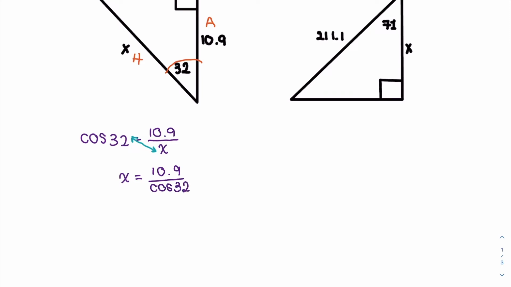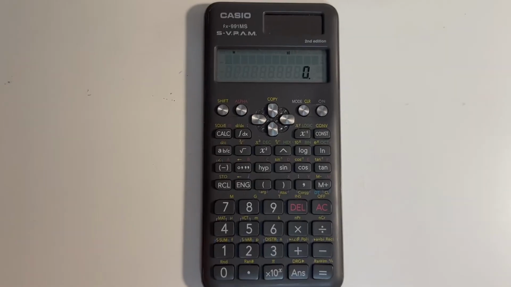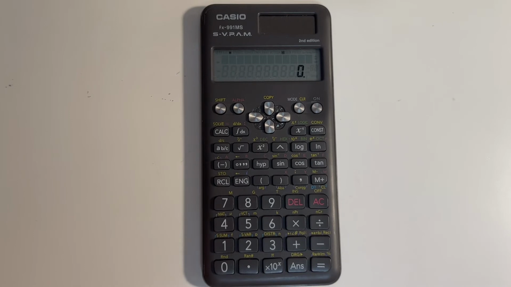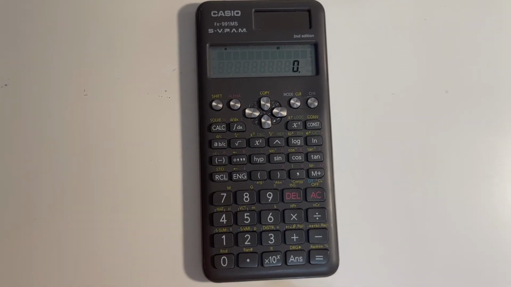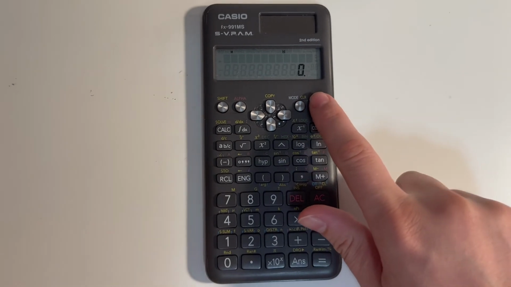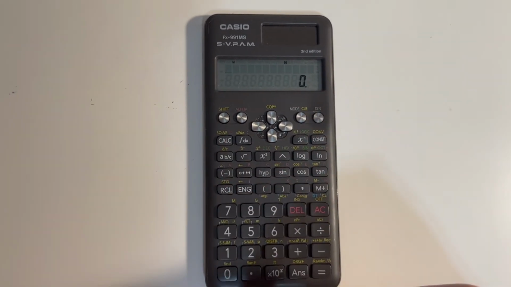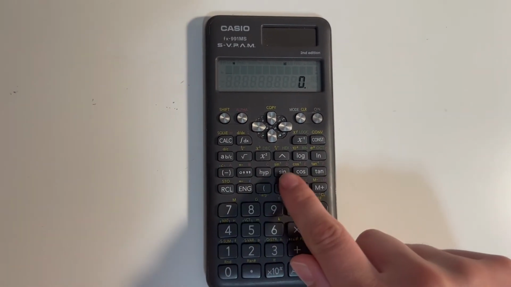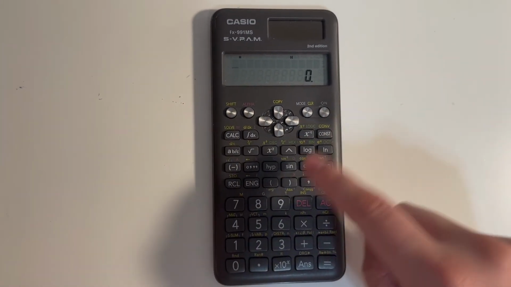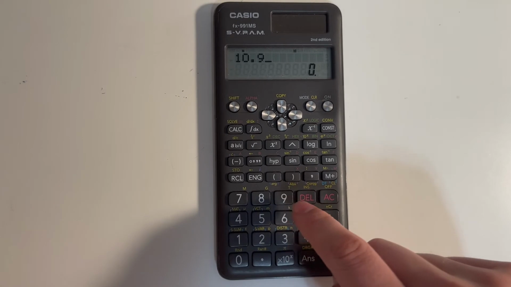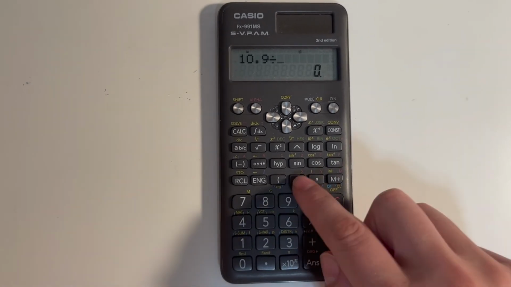And now we can plug this in our calculator, which I'm going to show you on a calculator. So the first one we're looking at was X is equal to 10.9 divided by cos of 32. So to put that in your calculator, if you have something similar to me, you're going to have a sine, cos, and tan button. So you're just going to do 10.9, and then you're going to divide it by cos of 32.